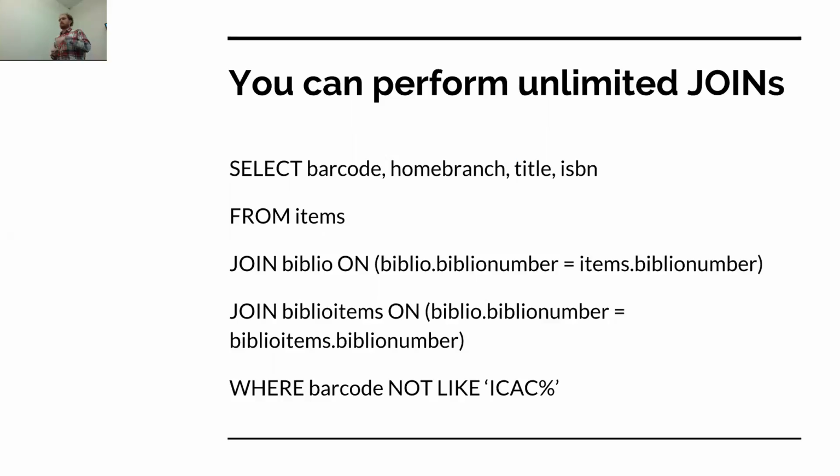So if you wanted to join another table, then you have to do a whole other line, like patron, borrowers, on biblio number. You can't just do join biblio on biblio number equals items equals something. Every time you have to do a new join. Yep, that's correct.